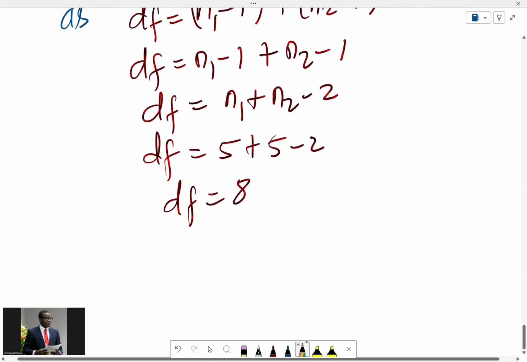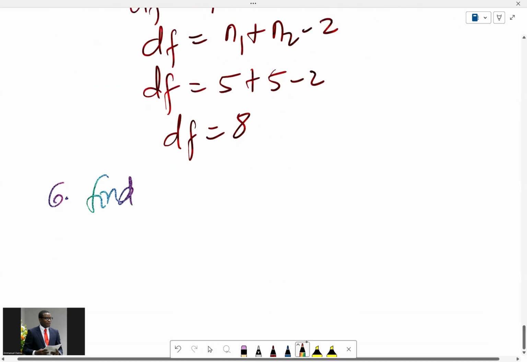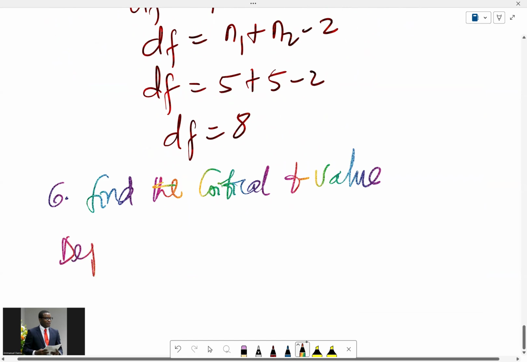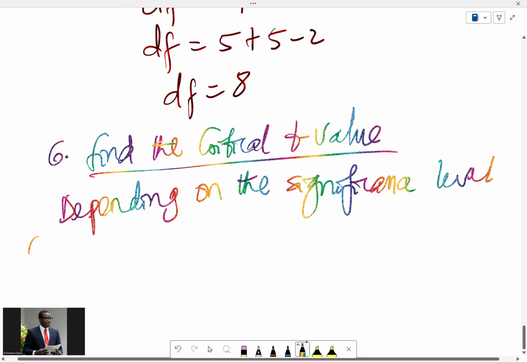And then we go to the sixth stage where we find the critical t-value. Here now we say depending on the significance level, which is commonly alpha equals 0.05.